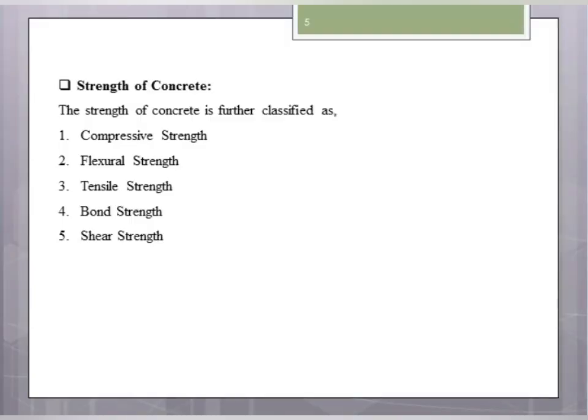These strengths are mainly considered for structural elements related to, we can say, road pavement, where the transverse loading is maximum. So in that case, the flexure or tensile strength is considered. Then bond strength and shear strength, which are not in your syllabus, but I will give you just a general guideline on that.